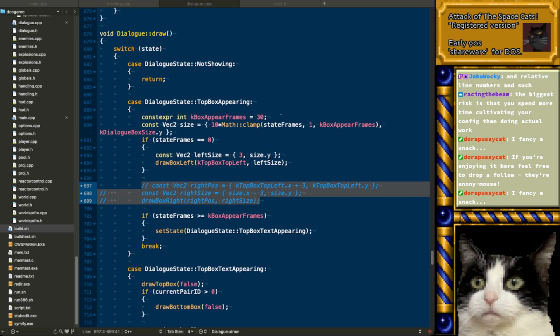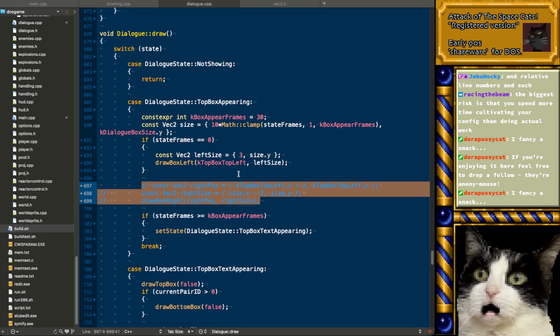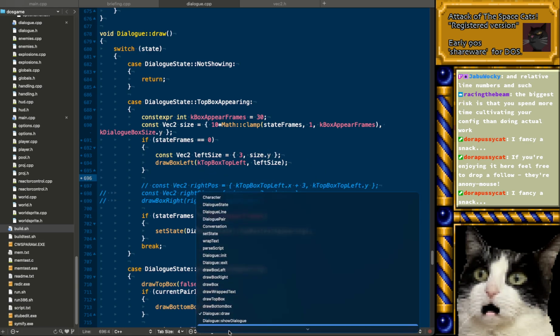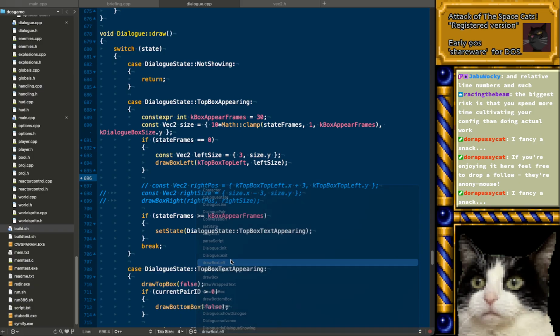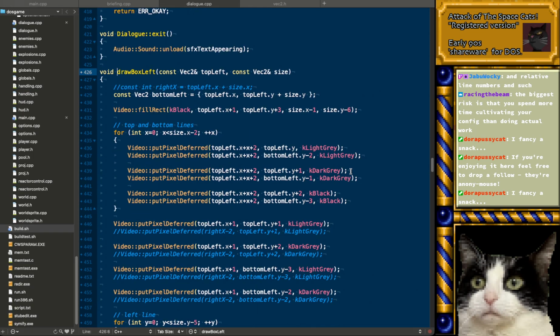Okay. On the screen at the same time. So, drawbox left. Drawbox left, drawbox left. There it is. That is correct.